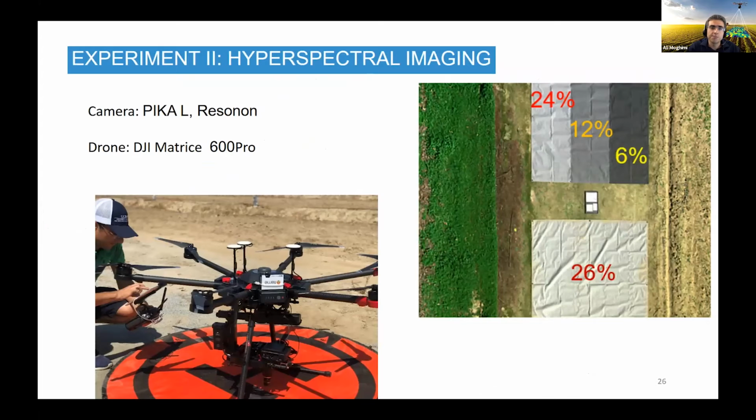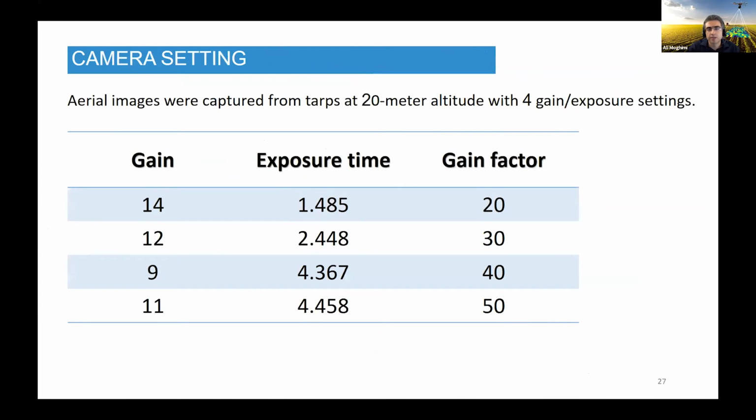We have done the same experiment, but this time with a hyperspectral camera. And here you can see this white module is our downwelling sensor. We mounted it on the top of the drone. This time we had 4 different gain and exposure times. I multiplied gain and exposure because they similarly affect the DN values, and then just named that the gain factor.